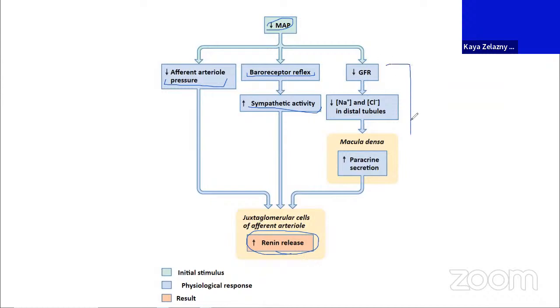And here's that slightly more complicated pathway related to the concentration of sodium and chloride ions in those distal tubules and distal parts of the nephron. So if you have a low glomerular filtration rate, so not enough fluid coming into the nephron, you're still reabsorbing sodium and chloride regardless, because we have that active transport in the loop of Henle. So we end up with low amounts as we pass back by that juxtaglomerular apparatus, and we can release renin. This is all with the goal of bringing that blood pressure back up, bringing that plasma volume back up.